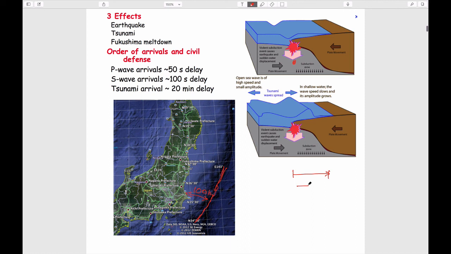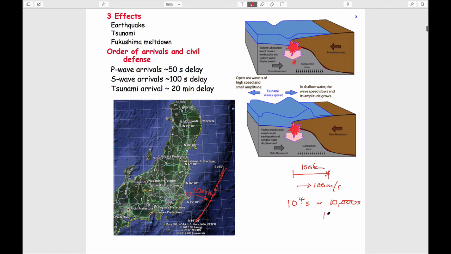So that allows you to have an early warning for a wave to travel in. If we know this wave is traveling in at 100 meters a second, and it's going in at 100 kilometers, then we know that in 100 meters a second it will go a kilometer in 10 seconds, and it will go 100 kilometers in 10 to the 4 seconds, which is about 10,000 seconds. If you divide 10,000 by 60 seconds in a minute, what do you get? Roughly?